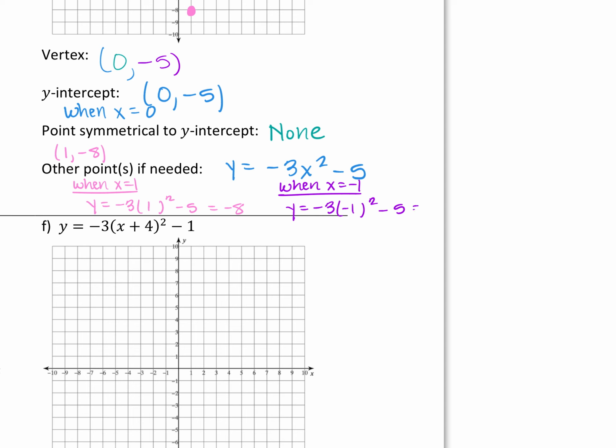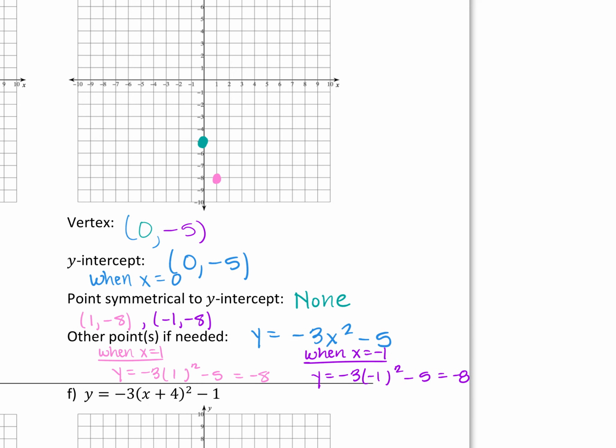So that ends up being a negative 8 as well. So then we have the other point is when x is negative 1, y is negative 8. So negative 1 and negative 8. And then we connect those and make it U-shaped, and we are done.